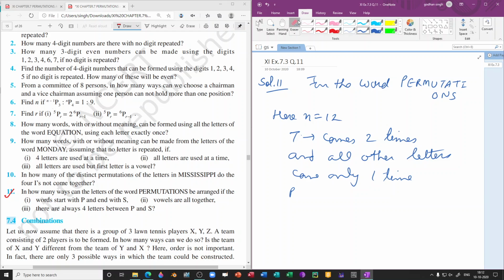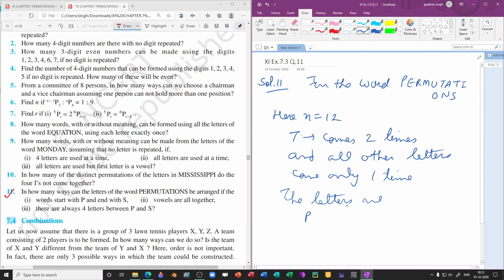So that is what we write here. The letters are P. Here we are having question number 11, second part. Vowels are all together. So let us separate the vowels and the consonants.